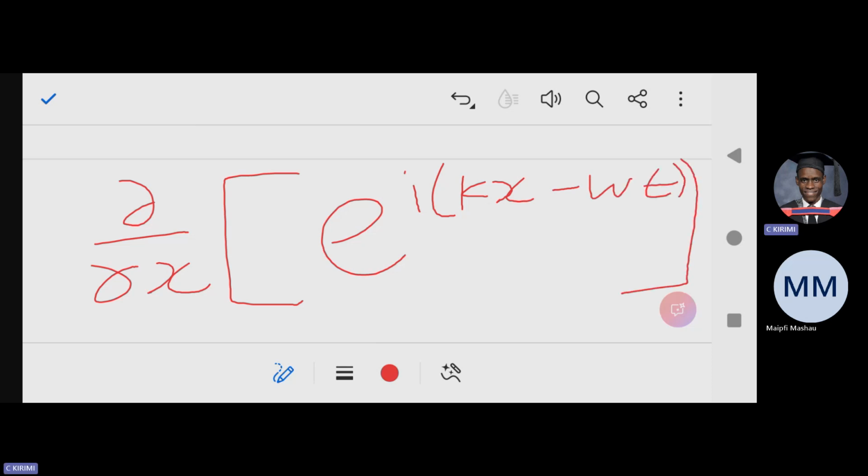So you must be in a position to differentiate with respect to t, whereby you bring back the same function, then you differentiate the top part with respect to x, not forgetting the i, which is also multiplying. k is a constant, omega is a constant. The only variables are x and t. i, k, omega are just constants.